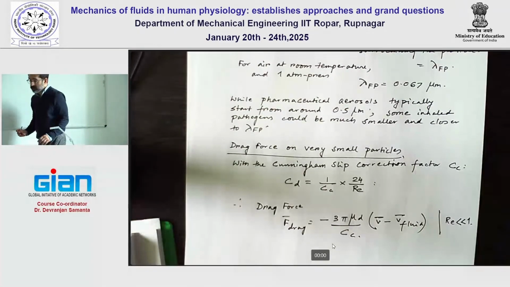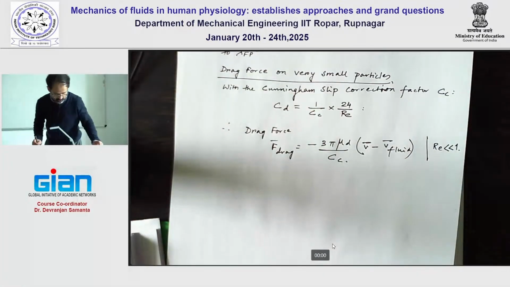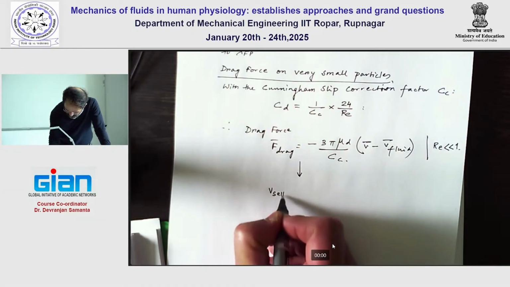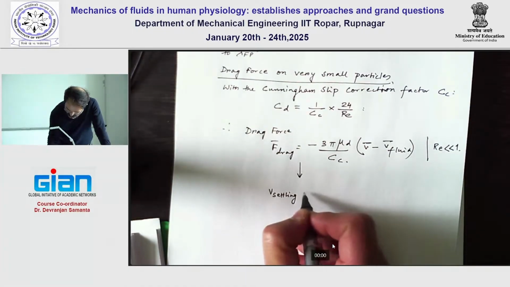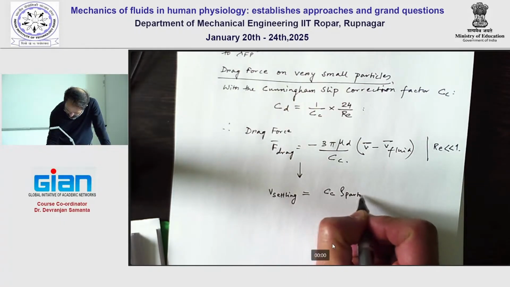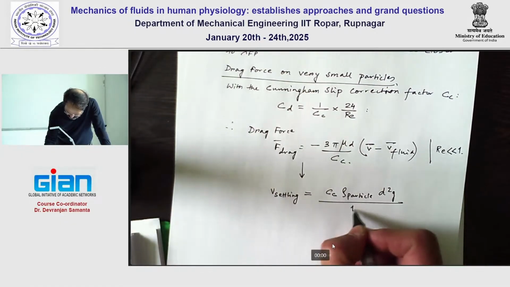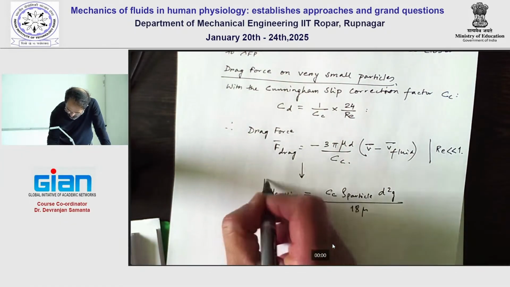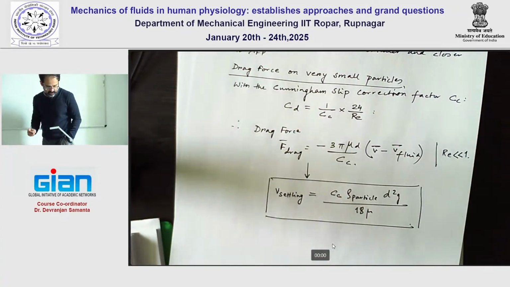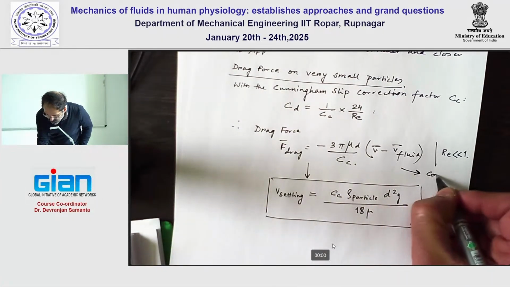Following the same line of calculations as we did before, we can figure out that the V settling in this case would be Cc times rho particle d squared g over 18 mu. So this is the correction to equation 4 in our lecture notes.